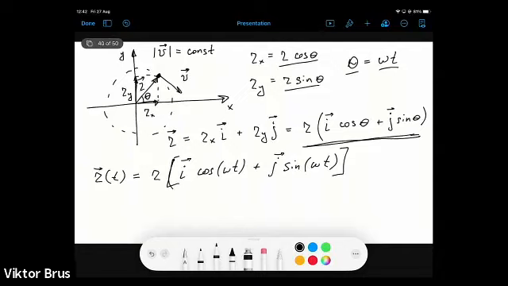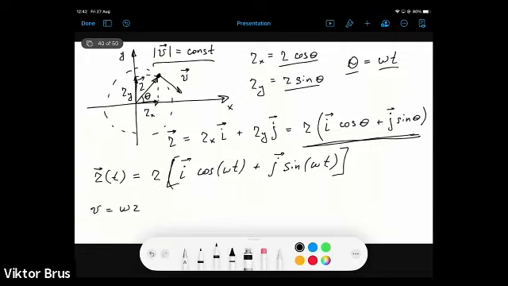We know that the magnitude of our linear velocity vector is constant. It's given here. Then we know also that the magnitude of linear velocity is defined by angular velocity. From the previous slide, we know that v is equal to omega times r.